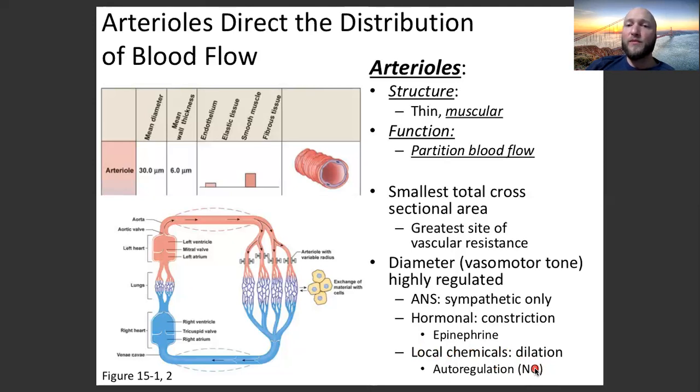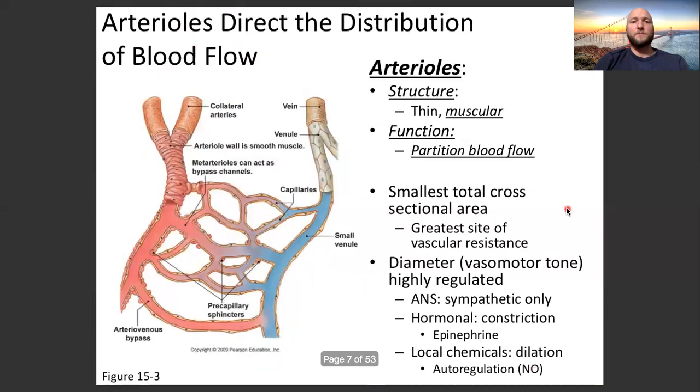When there's more of them around, arterioles dilate. Those local chemicals are usually waste product chemicals that, when created, cause arterioles to expand so that there's more blood flow and more of an ability to get those waste products out of the area.